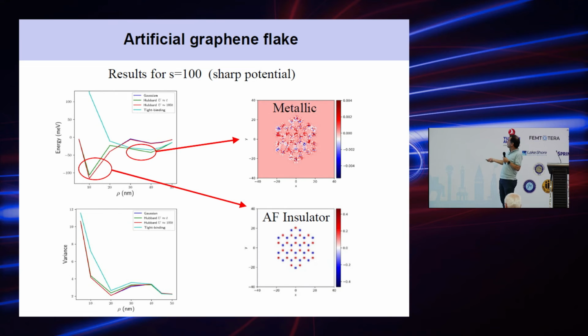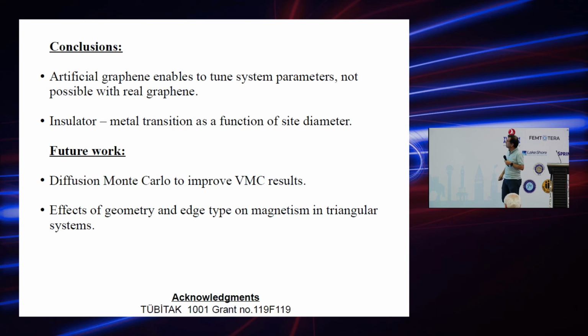And yeah, so this is the end of my talk. To conclude, we have seen that artificial graphene enables us to tune system parameters, which is not possible with real graphene. And we observed the insulator-metal transition in our variational quantum Monte Carlo results as a function of the site diameter.